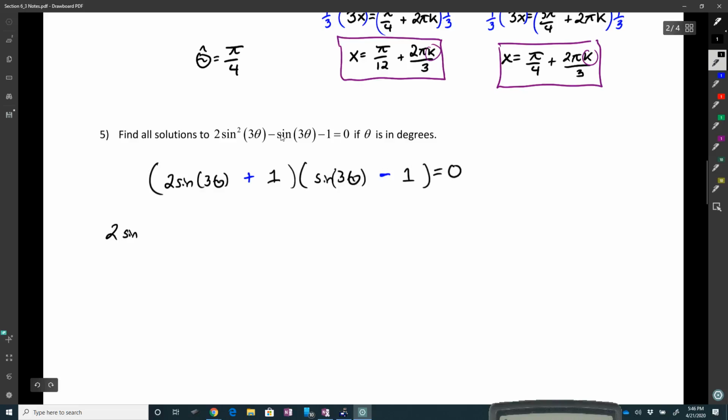So 2 sine of 3 theta plus 1 equals 0. Sine of 3 theta minus 1 equals 0. Sine of 3 theta equals negative half. Sine of 3 theta equals 1.